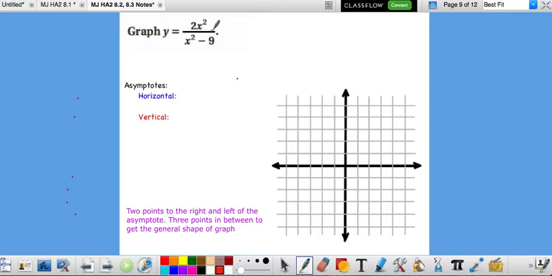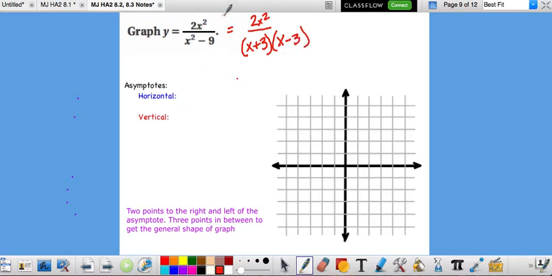You're going to find vertical asymptotes, and you're just going to plot points in each interval. So let's just try this one. We're going to factor what we can, so 2x squared over a difference of squares on bottom, x plus 3 times x minus 3. Okay, so nothing cancels.